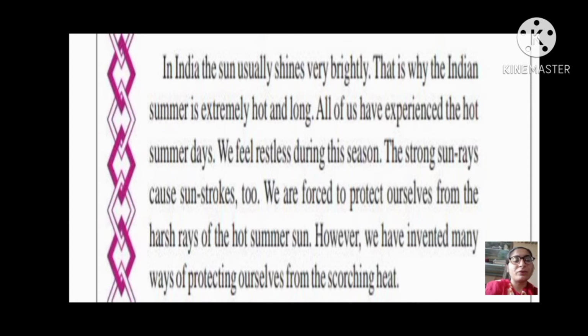The strong sun rays cause sunstrokes too. We are forced to protect ourselves from the harsh rays of the hot summer sun. However, we have invented many ways of protecting ourselves from the scorching heat.